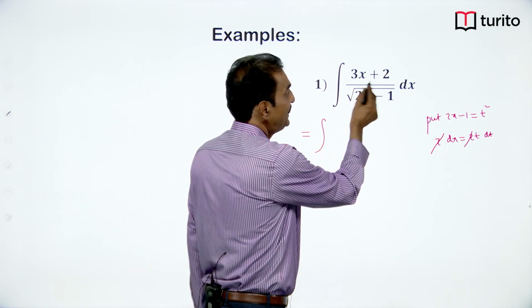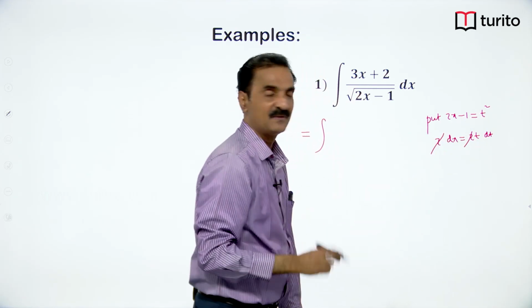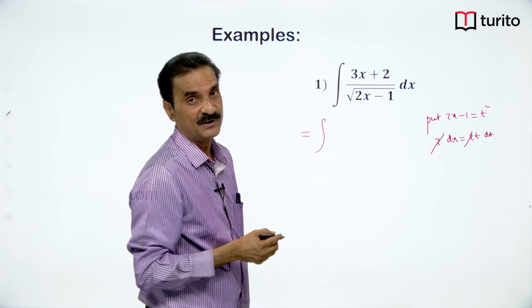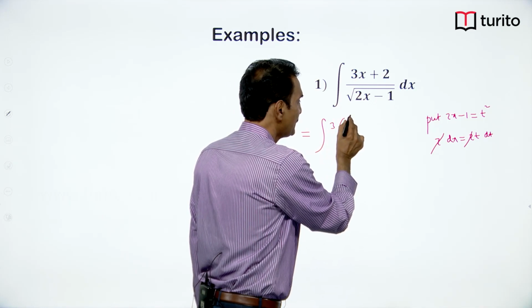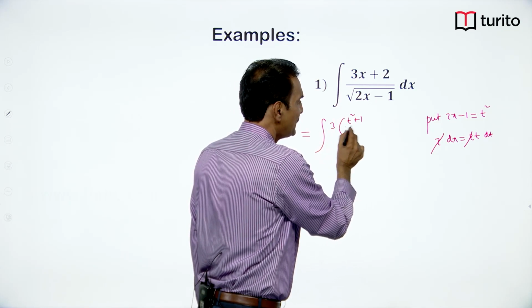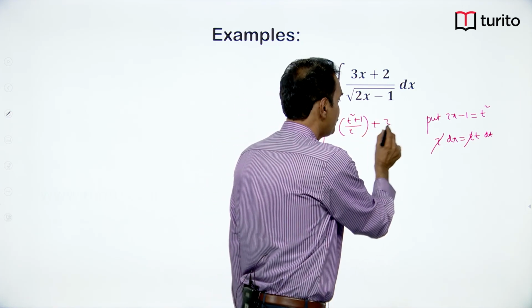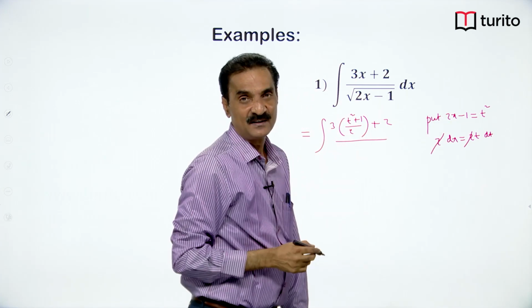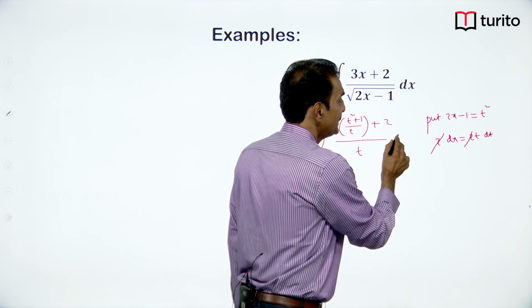What is the value of x? 2x = 1 + t², or t² + 1. x is (t²+1)/2. Substitute here: 3 into (t²+1)/2 plus 2, by √(2x−1), which is √t², that is t, into dx, which is t dt.